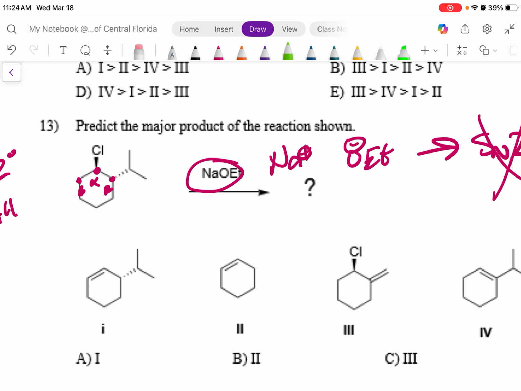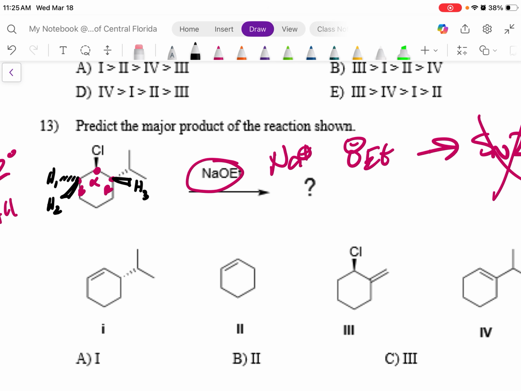And attached to the beta carbon on the left, we are going to have a dashed hydrogen, H1, and a wedged hydrogen, H2. On the beta carbon on the right, we are only going to have one hydrogen, that's a wedge, H3. So of these 3 possible hydrogens, there's only one that's possible.